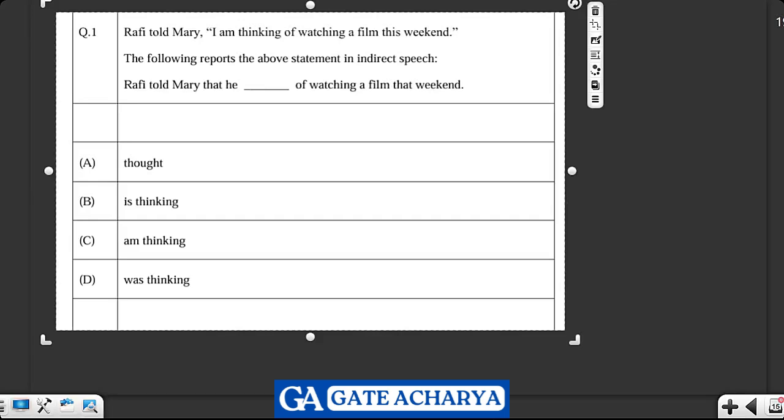Okay, so the correct answer is option D. See, in this kind of fill in the blanks, two options will always be confusing out of the four options. So then check the tense and how it works. From there, you can come to a certain conclusion. Okay. Next.